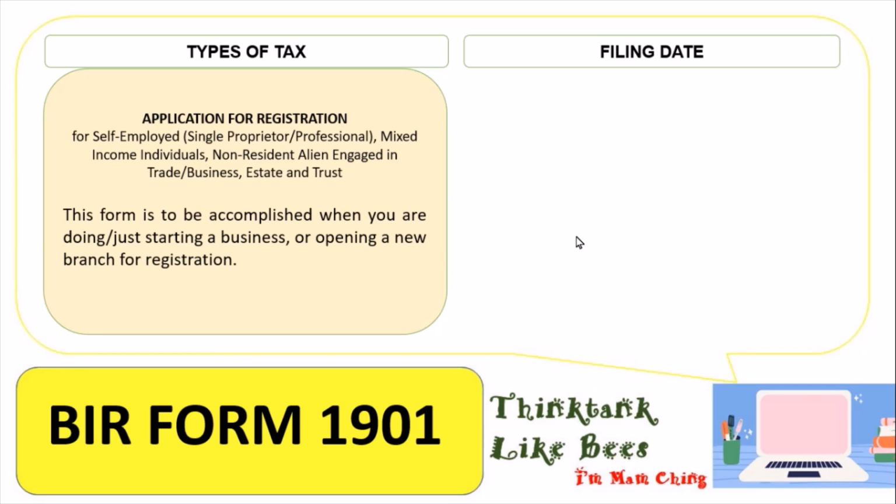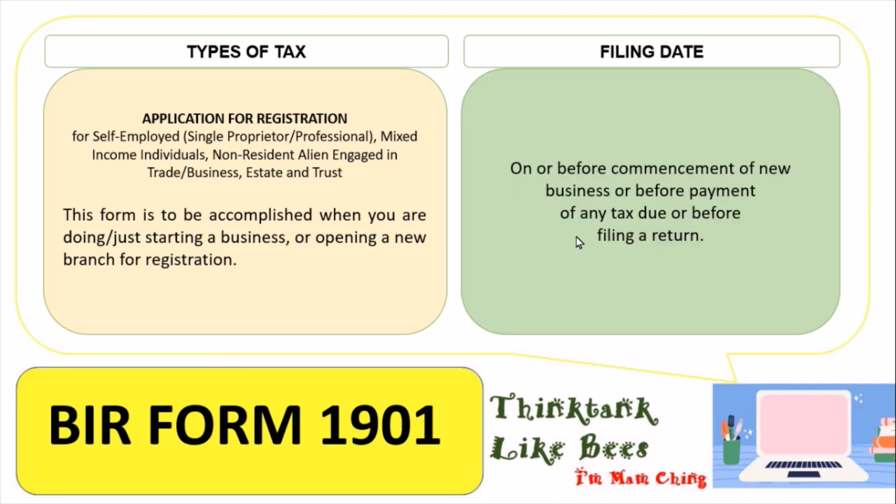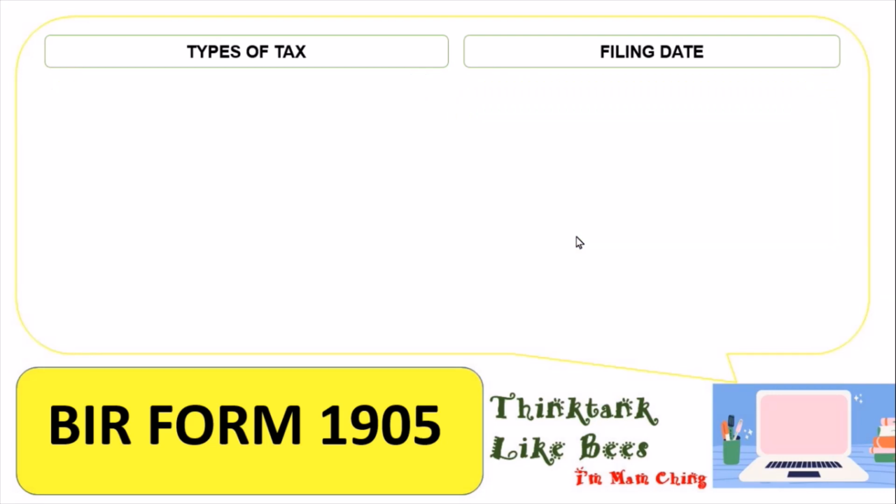This is a form to be accomplished when you are just starting a business or opening a new branch for registration. So you need to file Form 1901. The filing date is on or before commencement of new business, or before payment of any tax due, or before filing a return.